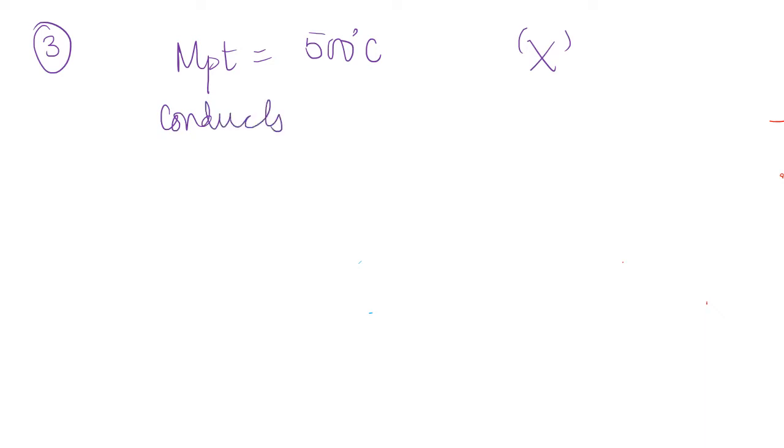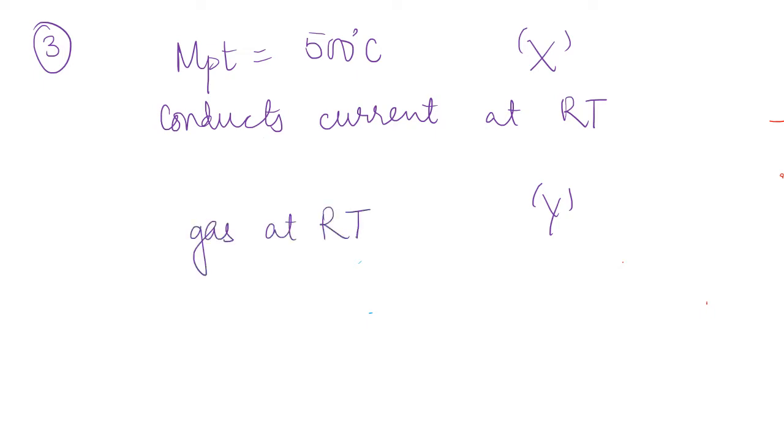Okay, third question. Substance X has a melting point of 500 degrees Celsius. It conducts current at room temperature. Substance Y is a gas at room temperature. It does not conduct current.